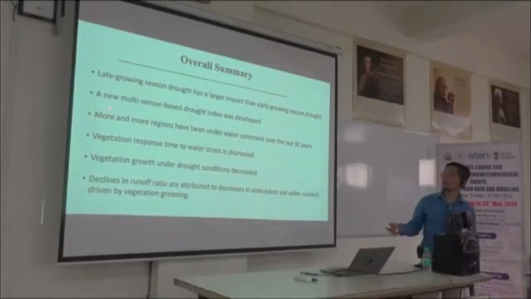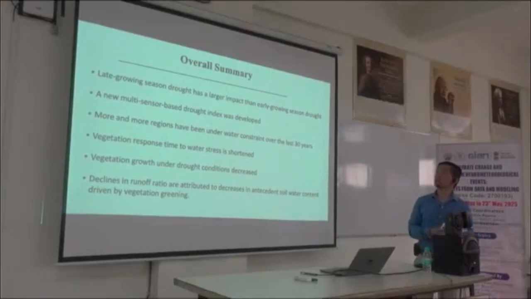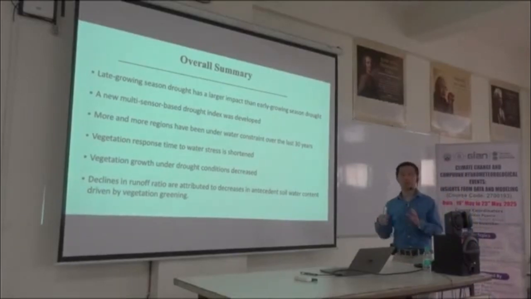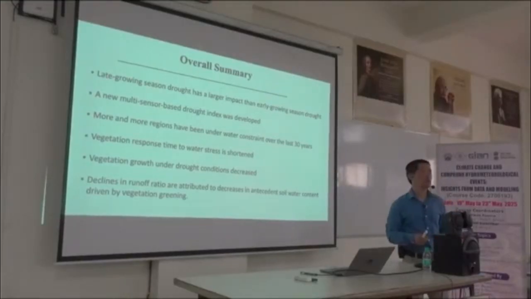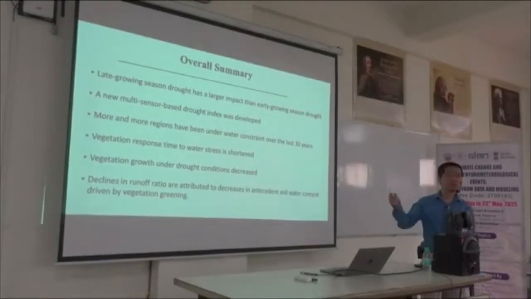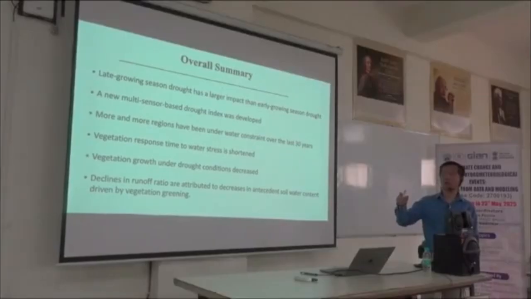Then I talked about how we developed a multi-sensor based drought index that can effectively capture drought almost as well as USDM, the widely used one in the US. But this one is a continuous value, remote sensing based, and it can be applied to other places, other continents.